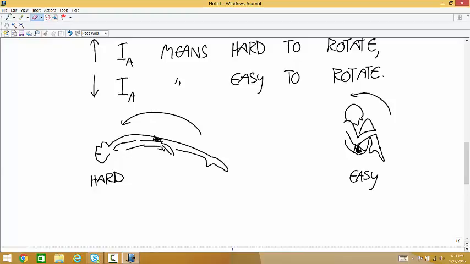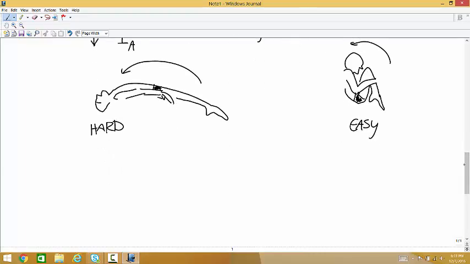Okay, so what is it about this that's harder than this? Why is it easy to get your body to rotate in this position and not in this position? What accounts for the difference?